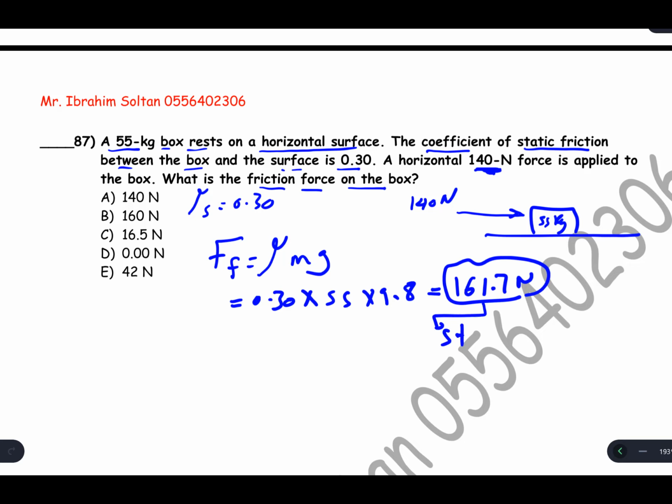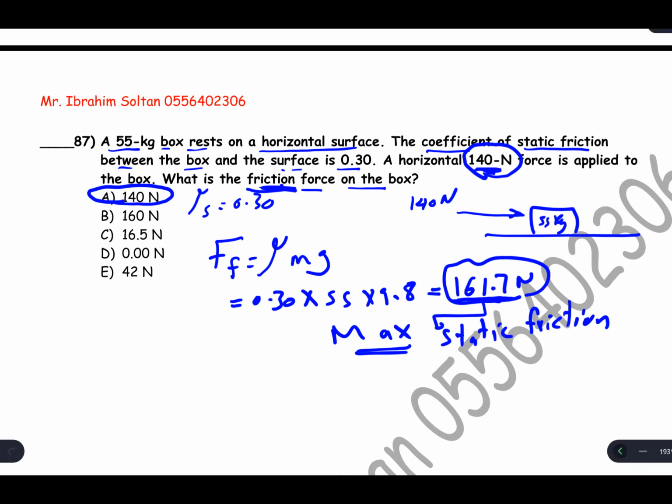So this is the maximum static friction. If you want the object to move, you need to apply a force larger than this amount of friction, but you applied 140. So the friction is only 140.